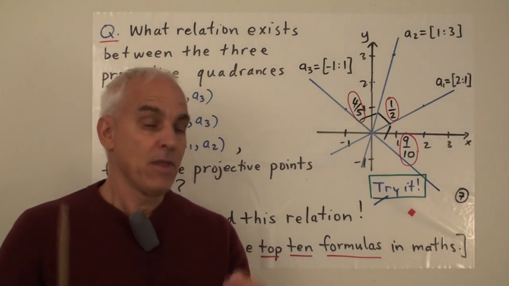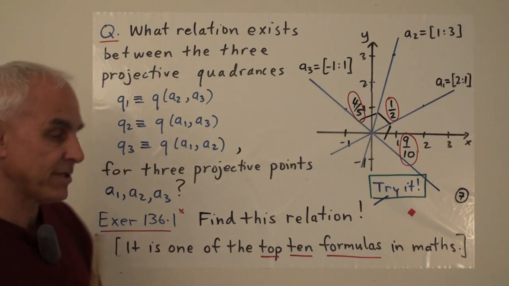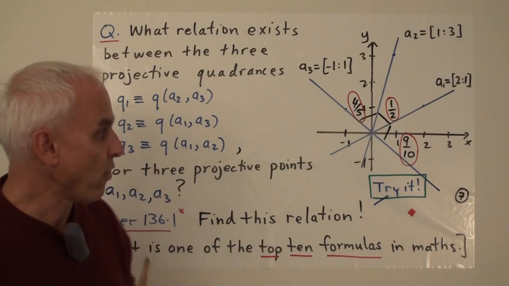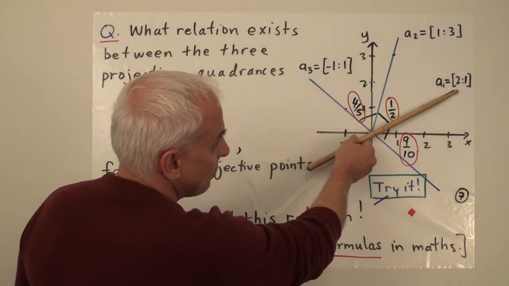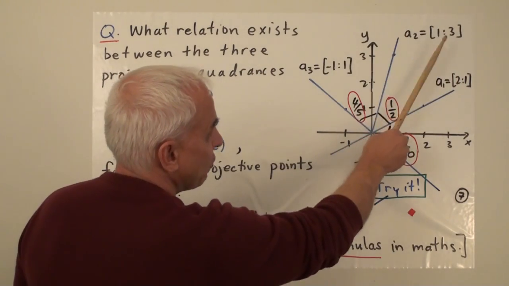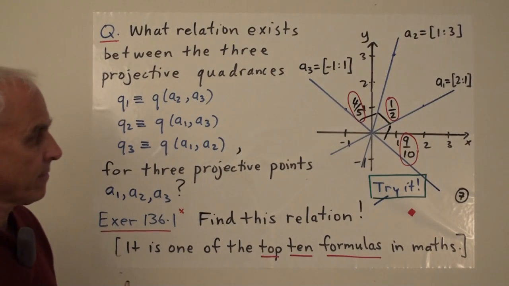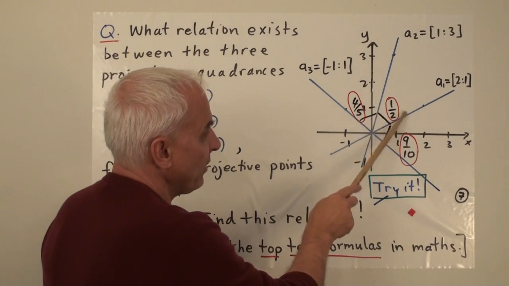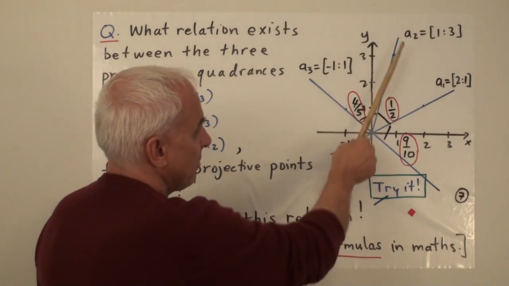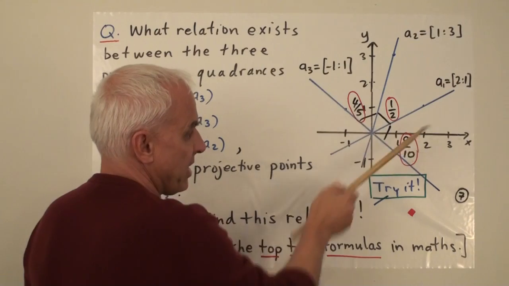And so we ask, what is the relationship between these 3 numbers? For example, in this situation here, we have A1 is 2 to 1, A2 is 1 to 3, and A3 is -1 to 1. I'll let you check that the projective quadrance between these two is 1/2, between these two is 4/5, and between these two is 9/10.